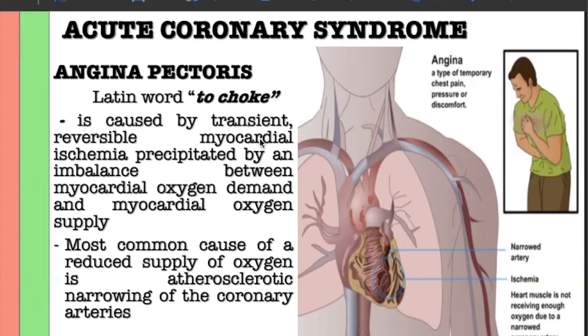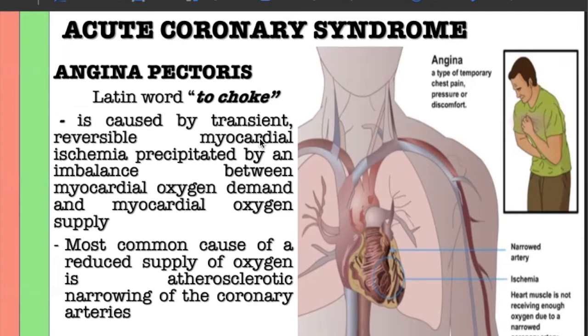This is caused by reduced supply of oxygen because of atherosclerotic narrowing of the coronary arteries. It means there's already a progressive or increased amount of plaques in our artery, making the blood supply decrease, and the supply all over our body also decreases. What you need to remember in angina pectoris is that it is the most common cause of reduced oxygen supply.